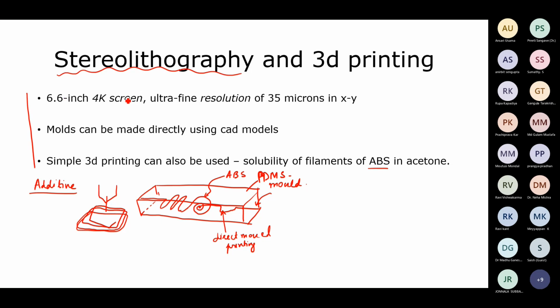It's called DLP printing. So in DLP printing, what happens is, if I look at the side view of the printer, there is a screen and there is a vat of polymer.